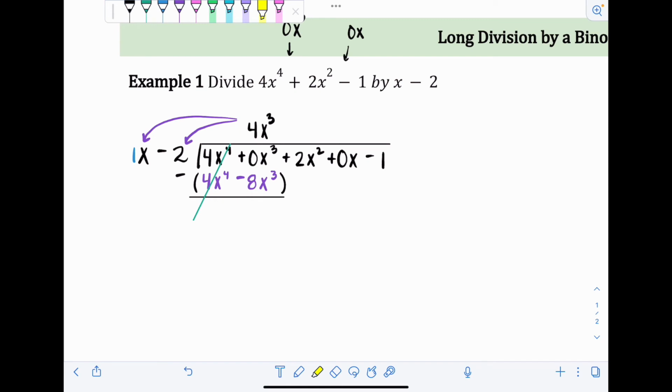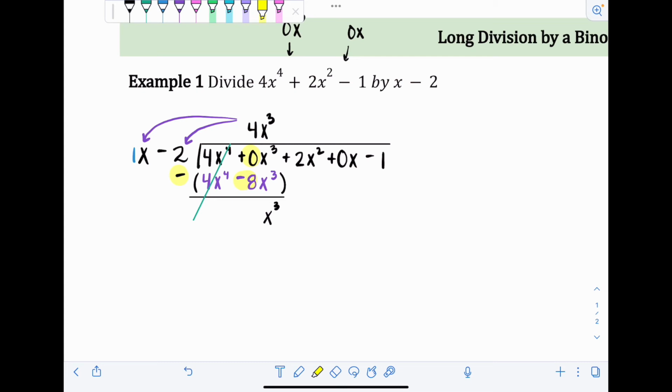And then here's where we've got to be careful with the subtraction, because we're just adding or subtracting like terms. The x cubed part is going to stay the same. It's the coefficient that we have to worry about. So this is 0, and then minus negative 8.